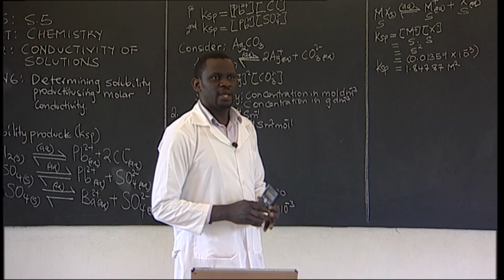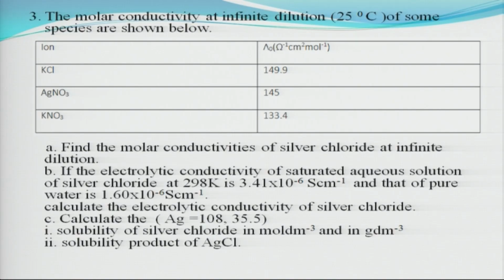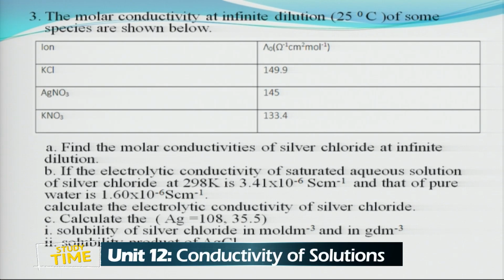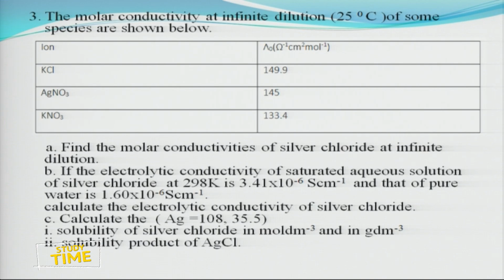So let's look at another example. This time they have given us the molar conductivities of different compounds, and they want us to find the molar conductivity of silver chloride at infinite dilution. Then they said the electrolytic conductivity of a saturated aqueous solution of silver chloride at 298 Kelvin is 3.41 times 10 to the power negative 6 Siemens per centimeter, and that of pure water is 1.6 times 10 to the power negative 6 Siemens per centimeter.